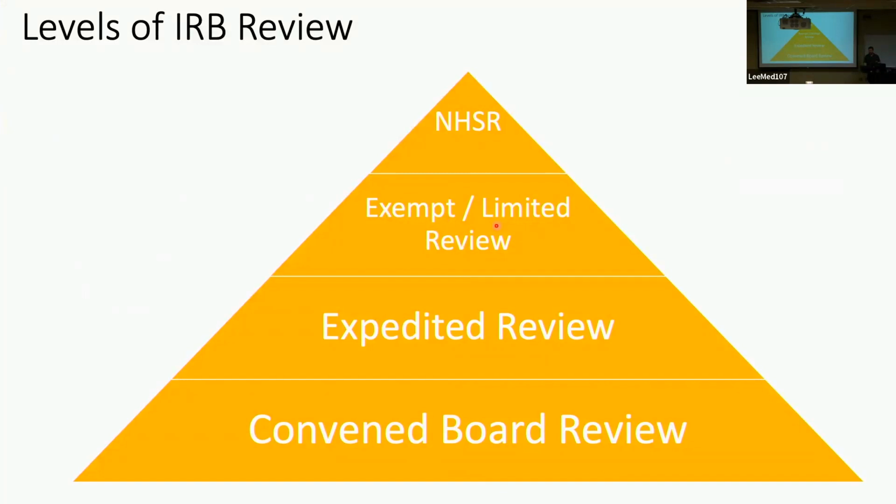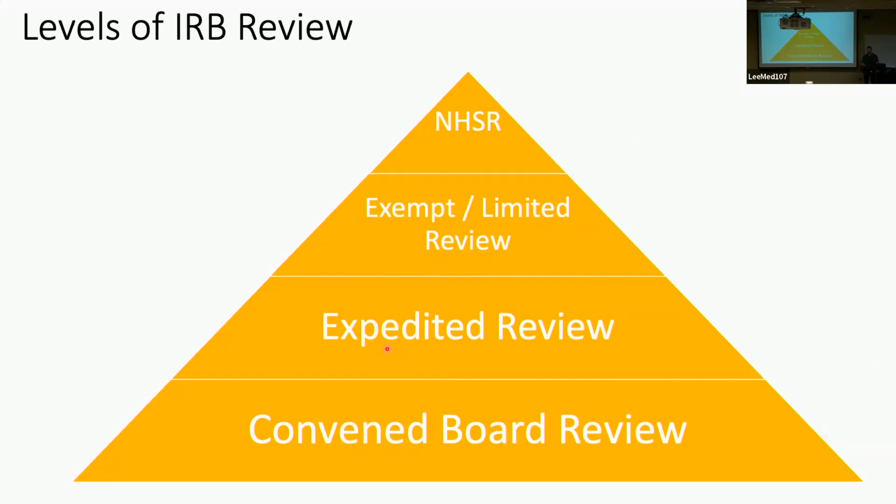These are studies that are in exempt categories according to the DHHS that allow you to have them either exempt or just undergo limited review. Then we have expedited reviews, which again are also codified by DHHS that says for these types of studies, they can be reviewed in an expedited manner.